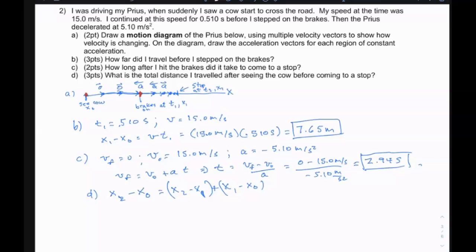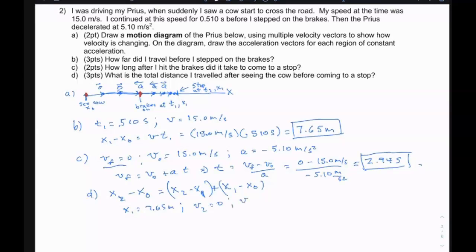So what's known? We know what x1 is. x1 is 7.65 meters. We know what V2 is. V2 is what we called V final up in part C. I'll just write it as V2 is equal to 0. That's where we come to a stop.